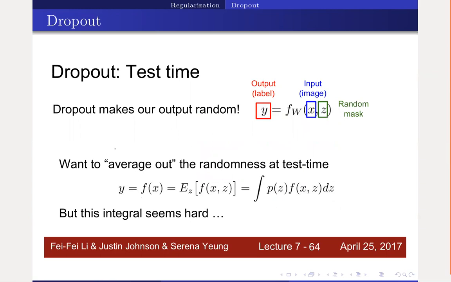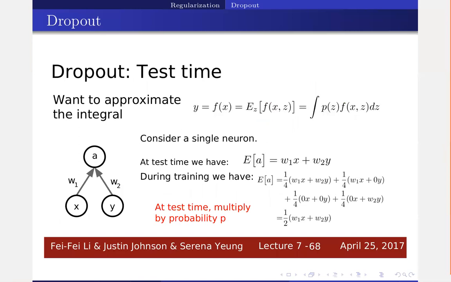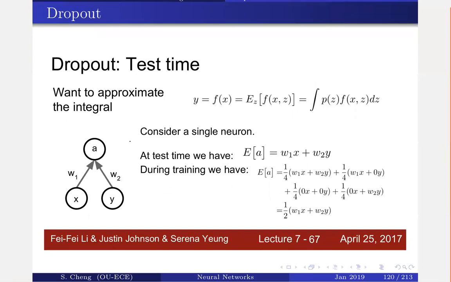Therefore, if we think of the amount of energy going out from the network during training, the energy will be smaller, right? So to make sure the energy is consistent, during testing we should rescale the weights of the neurons.